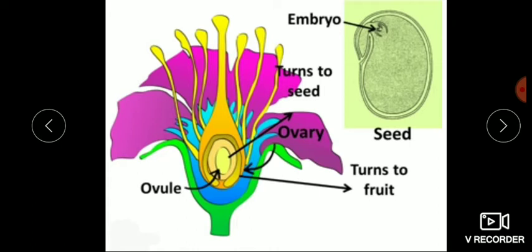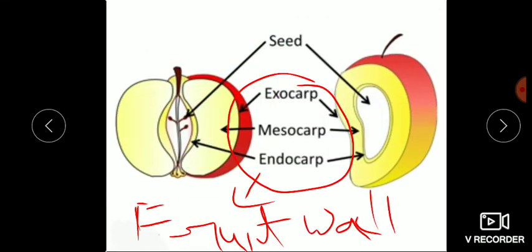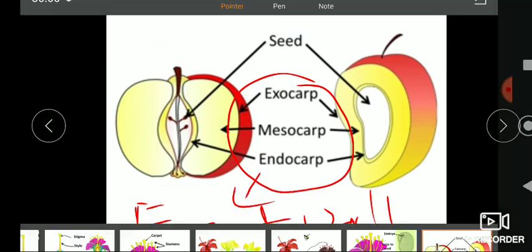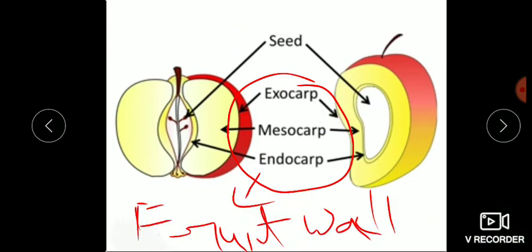And if we cut any fruit, we get three parts: exocarp, mesocarp, endocarp. The outermost part, the skin which we peel in many fruits, is called the exocarp.